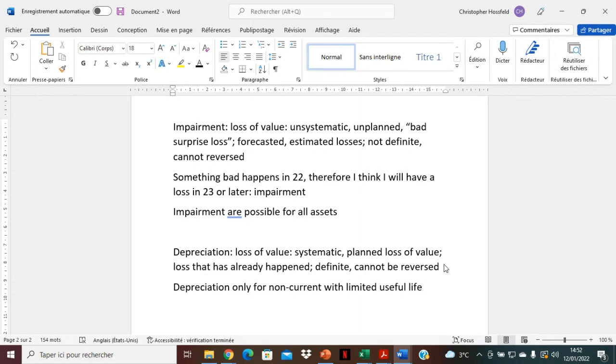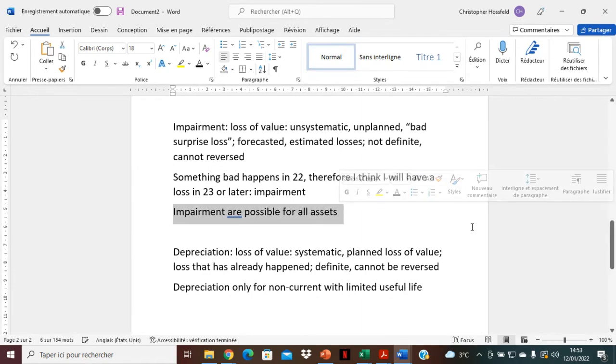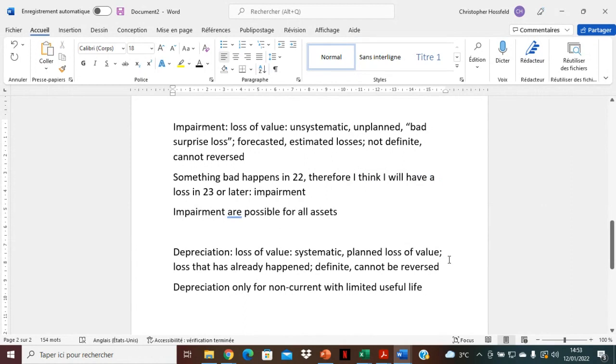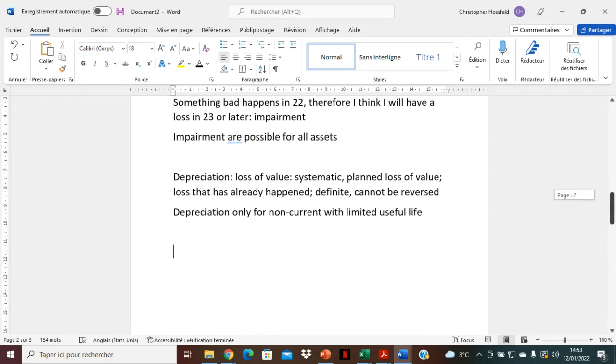A brand name usually is not amortized because the useful life is indefinite, is unlimited. That means the scope of application of impairment is much bigger. Okay, so these are some fundamental differences between impairments and depreciation, although from the accounting technique here, we're talking about the same thing.